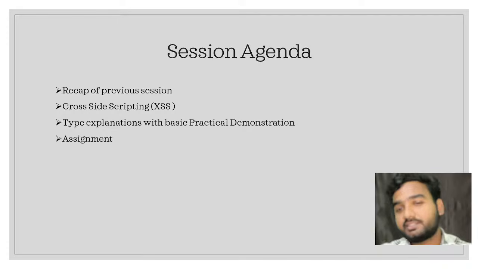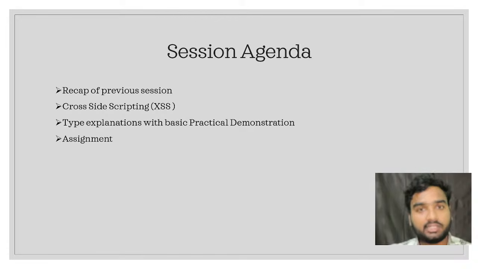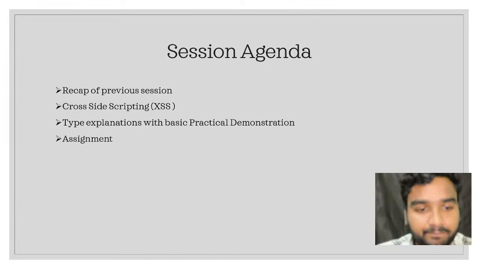This is the quick session agenda, which starts with a shorter recap of the previous session. We covered yesterday what XSS is, types of XSS, some prevention steps and methodologies, and attack surfaces, meaning where we can find out whether a website is XSS vulnerable or not. Is it clear?